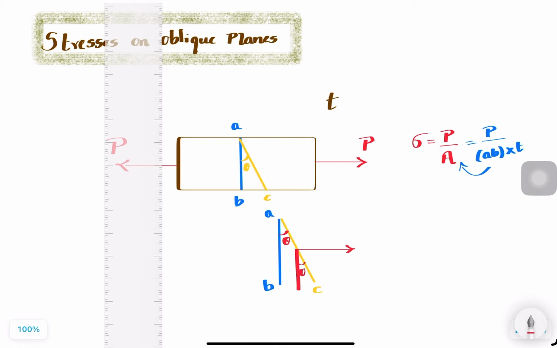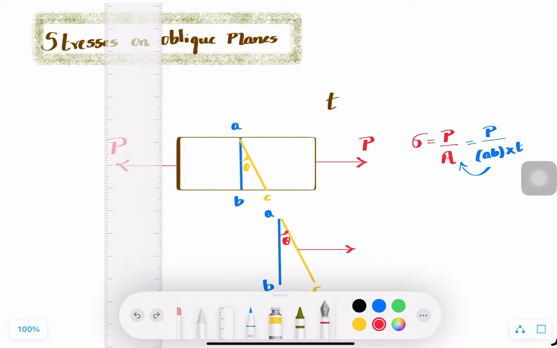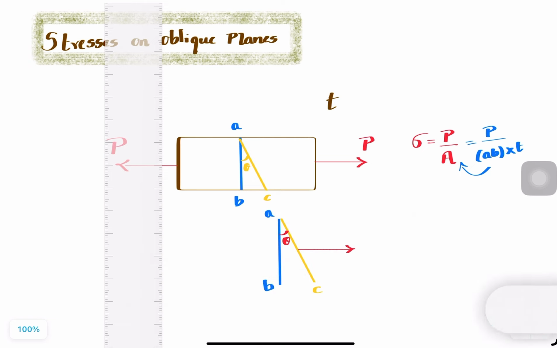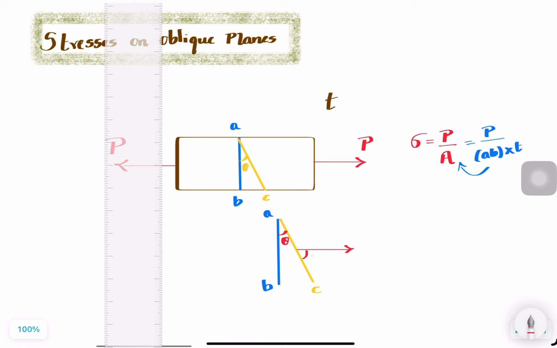It is also theta. And what about this angle? It should be 90 minus theta. I don't want this diagram to look very cluttered, so let me erase it. I know that this angle is 90 minus theta, and the load is capital P.